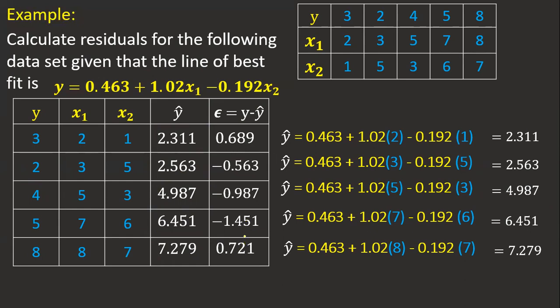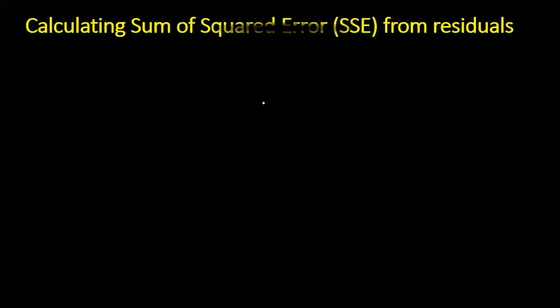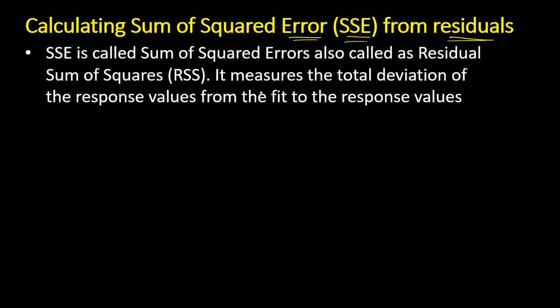After calculating the residual, where can I use this? We are going to find it out. Two things here. Calculating the sum of squared errors, that is what is called SSE, from the residuals. This is the extra work I'm going to do here. SSE is the sum of squared errors, also called the residual sum of squares.